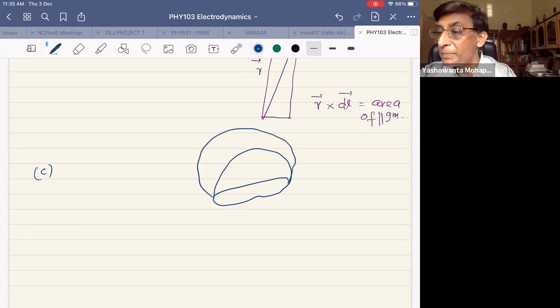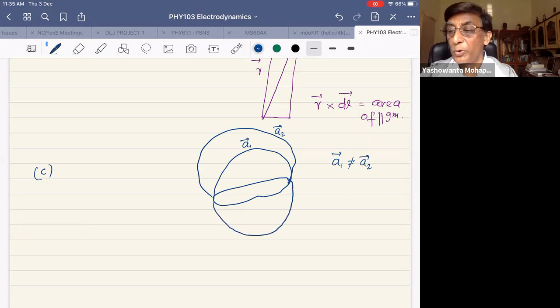Suppose they are not the same, then the vector area for this would be, let's say, A1, and for this A2, which means we are assuming that A1 is not equal to A2. But I can always close these two surfaces with another surface that closes both. Then for the closed surfaces, we already know from the last result that it is 0.